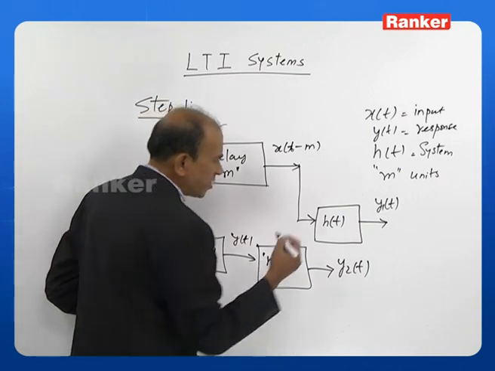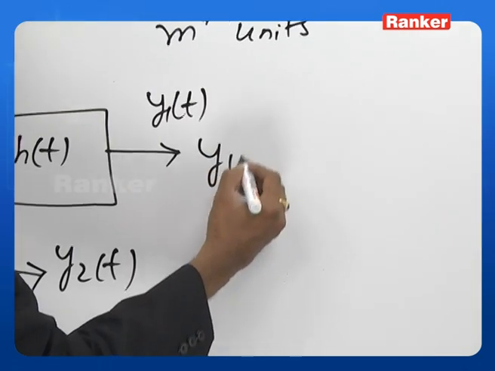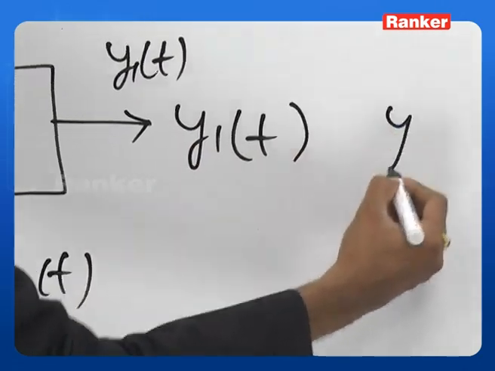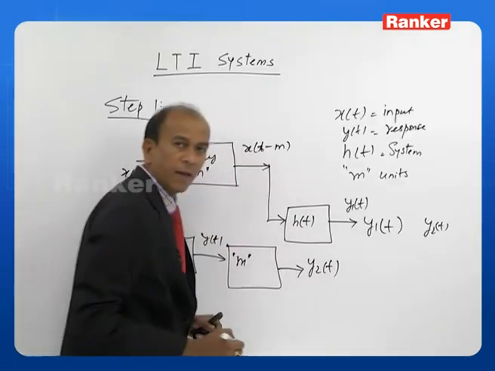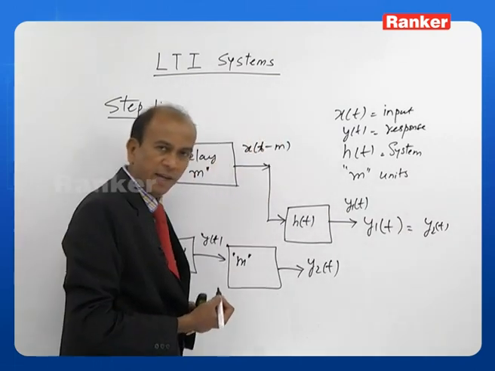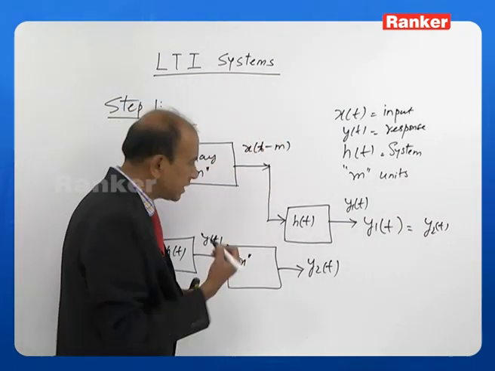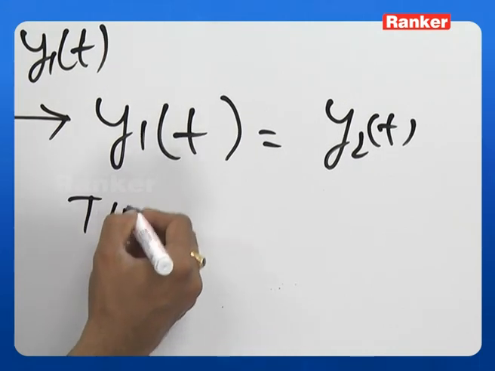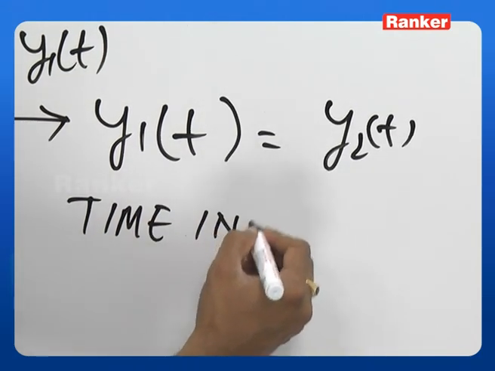Now, I have two measurables here, one is y1 of t, the other one is y2 of t. If y1 of t is equal to y2 of t, the system is said to be time invariant.